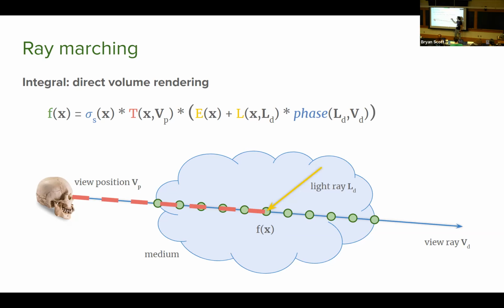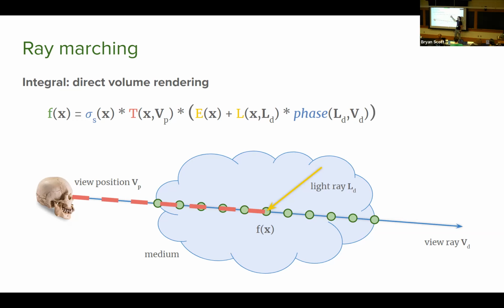Let's say it's been emitted by some external light source, or it's been scattered multiple times within the volume. So that's L at the position x from a direction l, this direction. And then this part is multiplied by what we call a phase function. I had a few slides about it, but I skipped them because it's kind of boring.